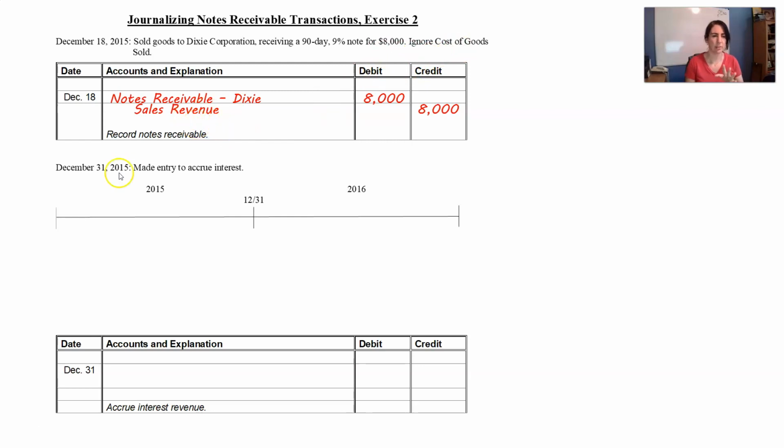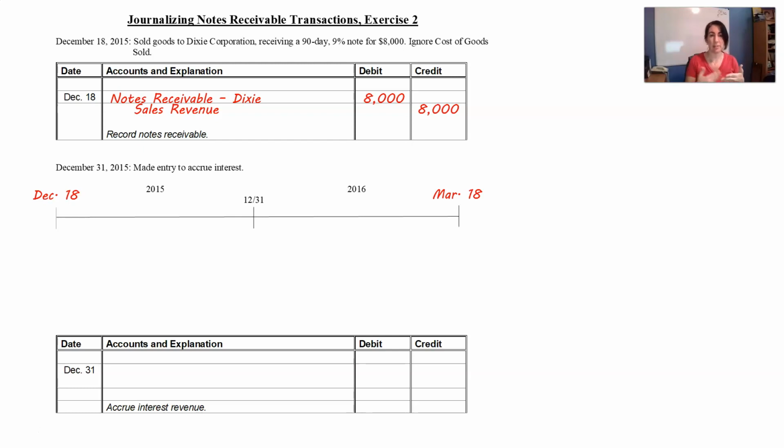Okay, so let's look at this on a timeline. I thought it was a little bit easier for you to see if I put it on a timeline. So December 18th is the date of the note, and we're expecting to get paid by March 18th, which is 90 days later. So what we're going to do is cut the interest into two pieces, because remember the accrual concept overall, in the sense that you have to make sure the revenues and expenses fall into the appropriate periods.